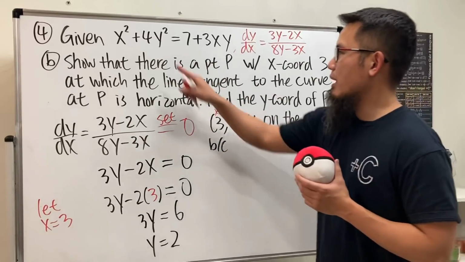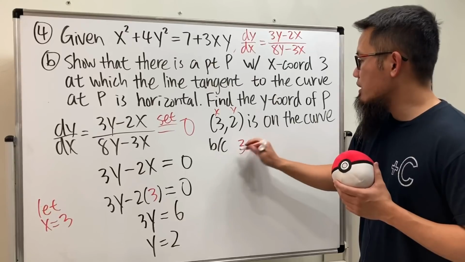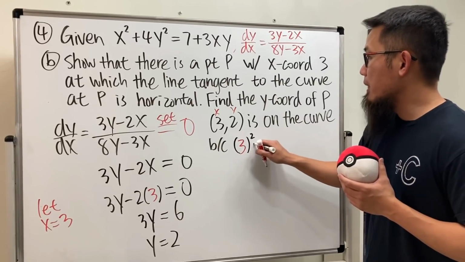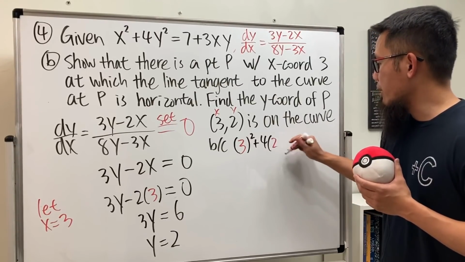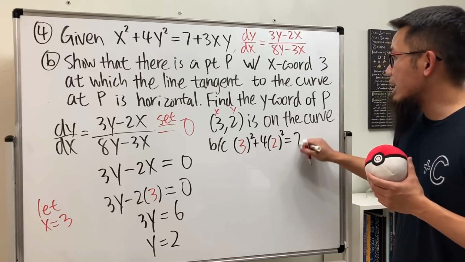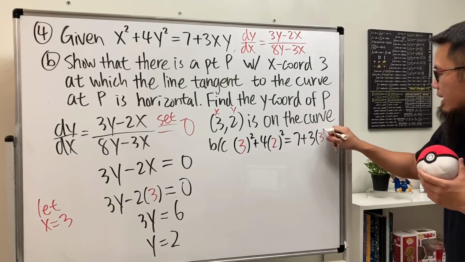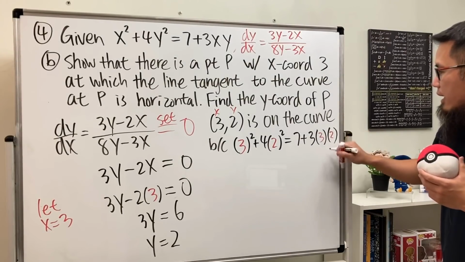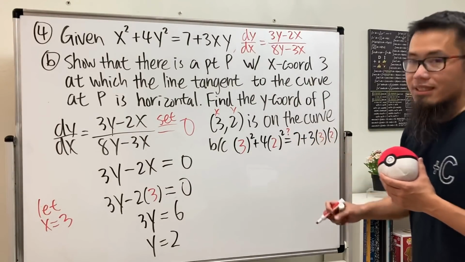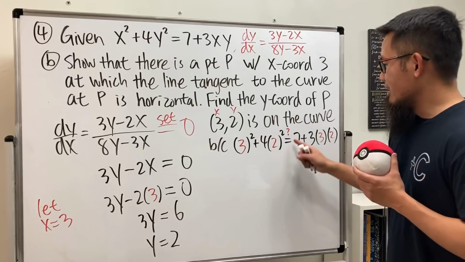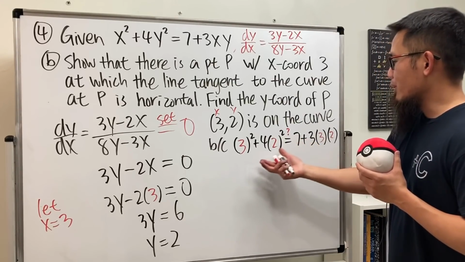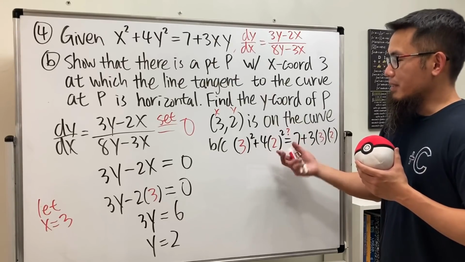So let's see, plugging 3 into x, we get 3 squared plus 4 times 2 squared, and that's equal to 7 plus 3 times 3 for x, and then 2 for y. We don't know if this is true or not. Because remember, we just have to do it.